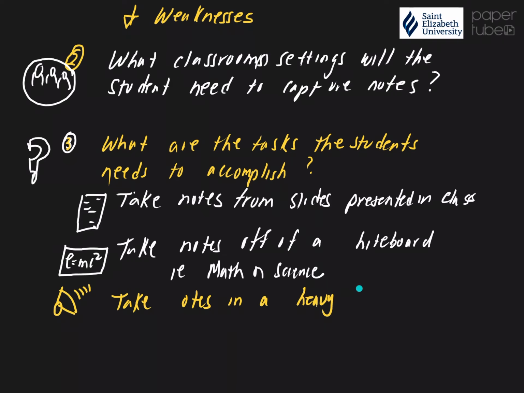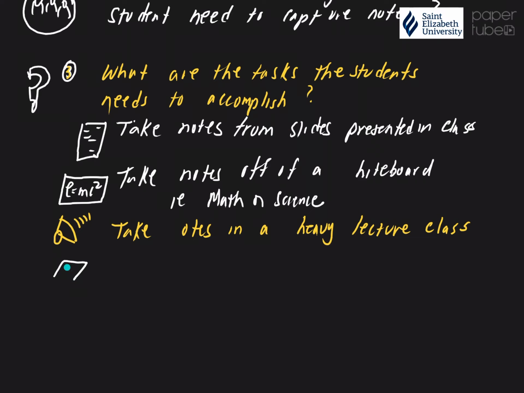lecture class. So this might be something like a history class where the teacher's doing a lot of lecturing, or even possibly the student is taking a class in music.